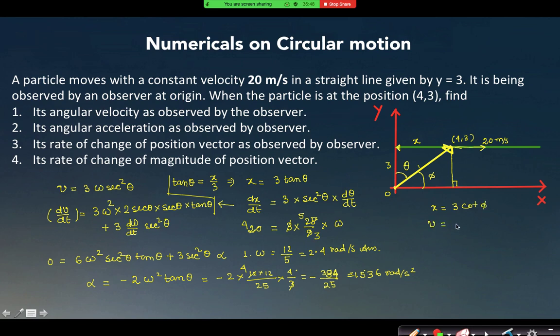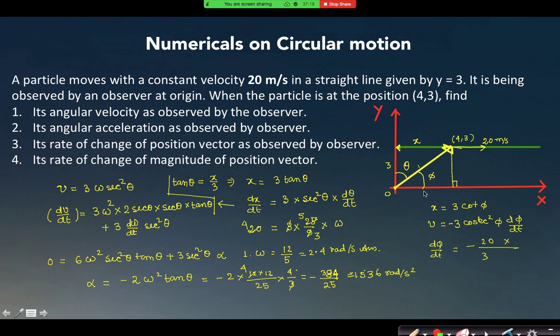V, that is equal to 3 times the differentiation of cot phi, which is minus cosec square phi into d phi by dt. So d phi by dt is minus of 20 by 3 into sec square phi.